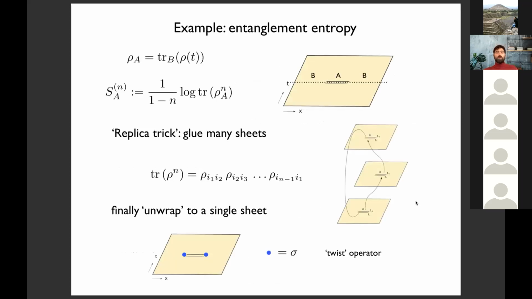Okay, since we were asked to provide a bit of review, I'm going to go through a quick reminder of a very well-known result, which is the entanglement entropy for a single interval in the vacuum of a CFT in 2 dimensions. So the idea is the following.